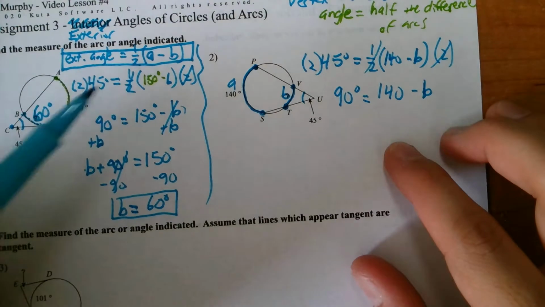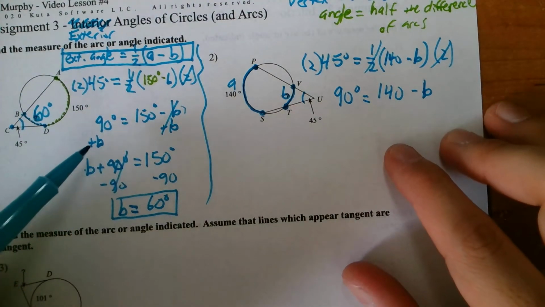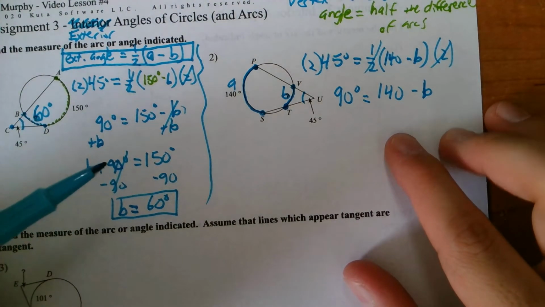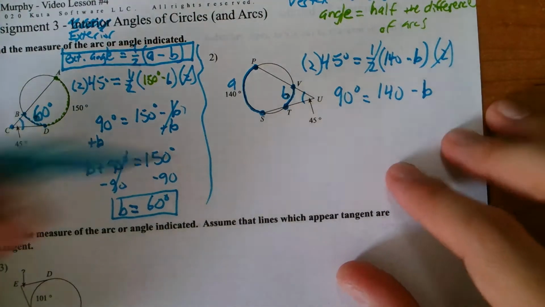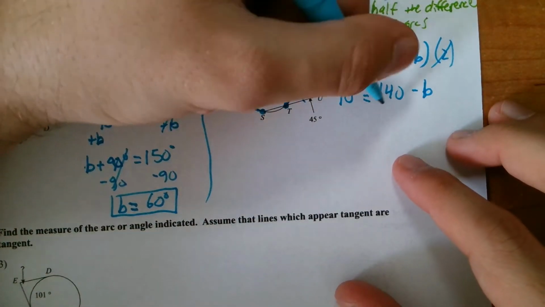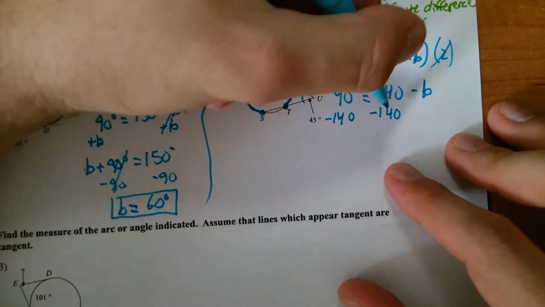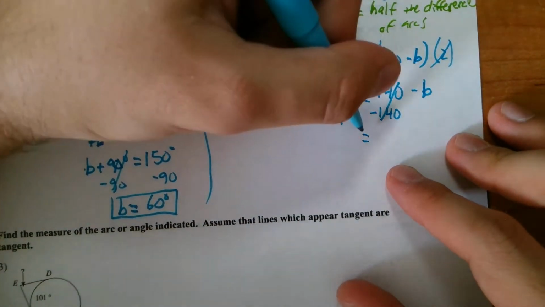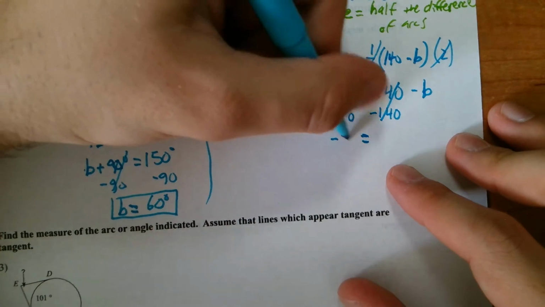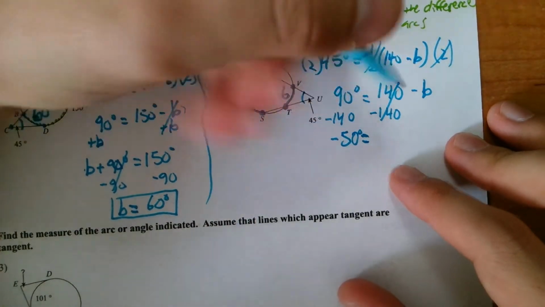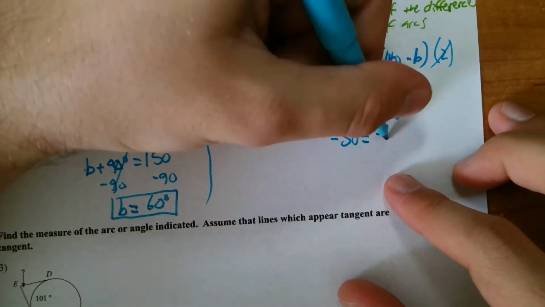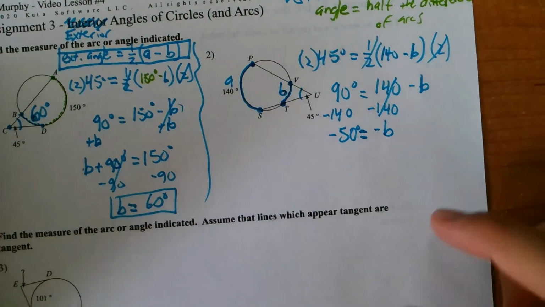Okay, now last time when we got here, I added b to both sides. You don't technically have to do that. Let me show you what it looks like if you don't. So if I move the 140 instead over to the other side, what happens is I get 90 minus 140, which is negative 50, equals negative b.